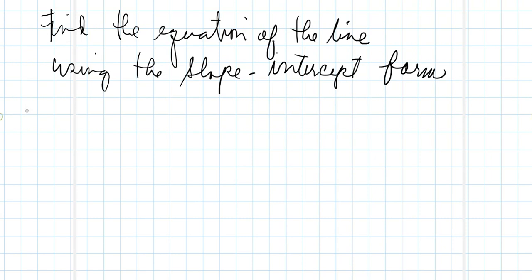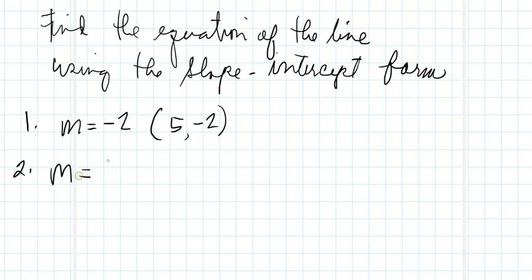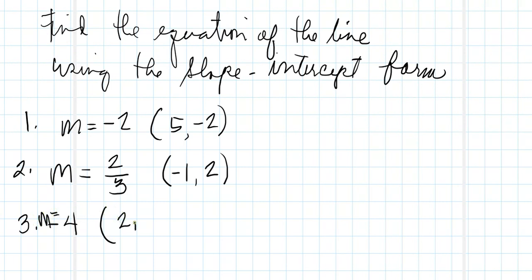Number 1, the slope is 5 and the y-intercept is negative 2. Then 2/3 and your m is negative 4, negative 3.